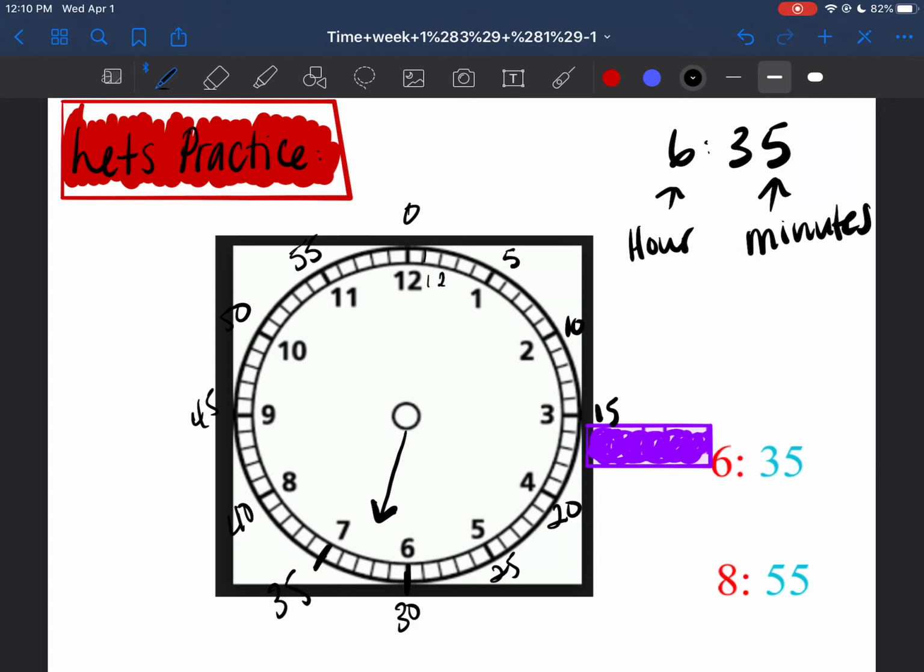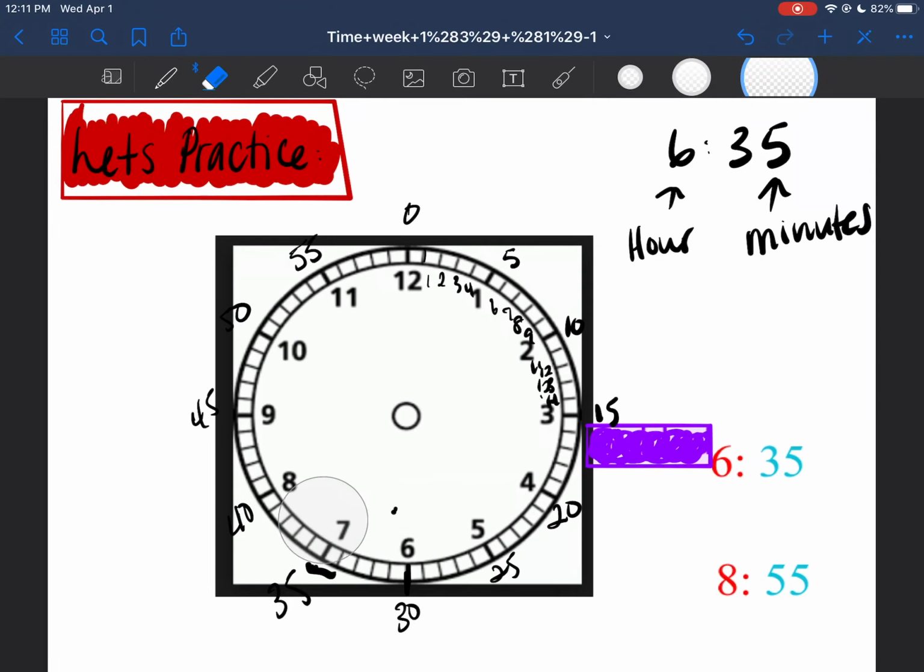So 1, 2, 3, 4, 5. And you would keep going all the way around. But we're not going to do all that because the time that we're trying to show is 6:35. And lucky for us, that's already a benchmark. So I can go ahead and draw my minute hand out to 35. I have now represented 6:35 on my clock.